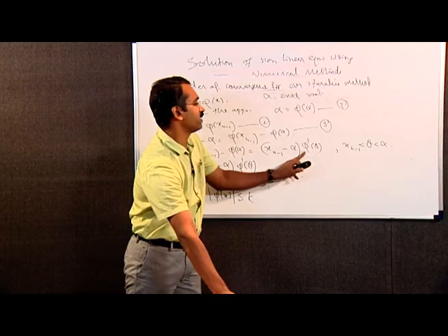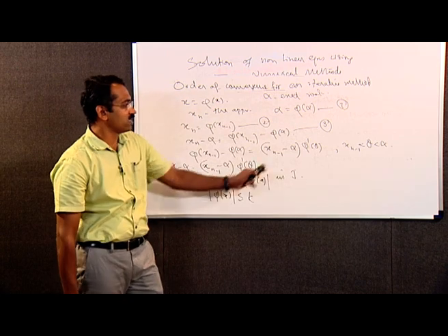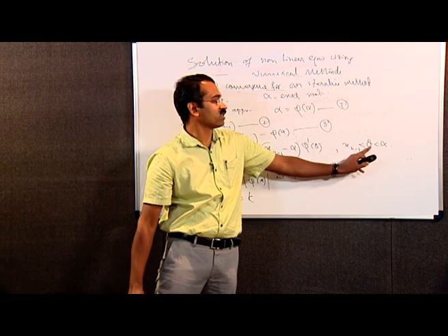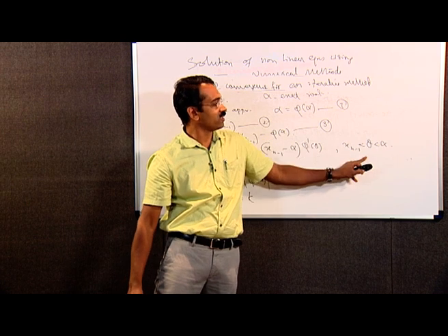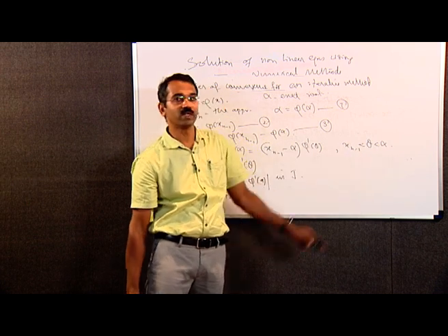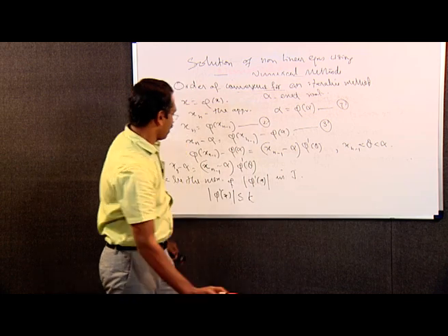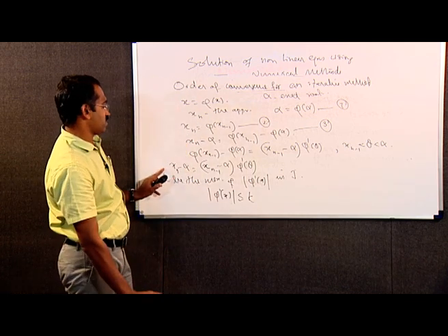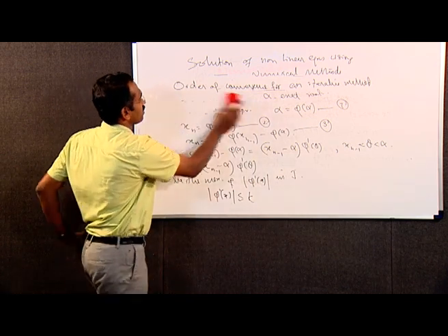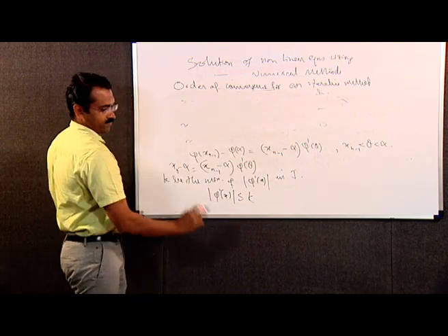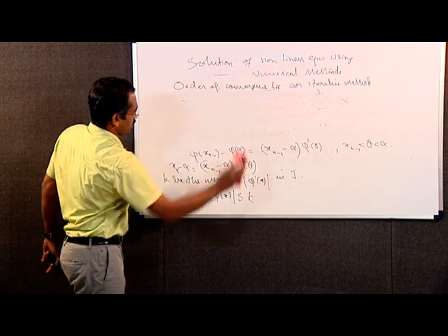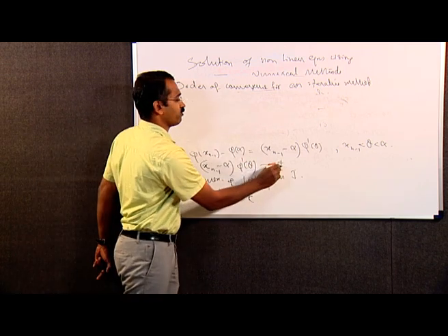Therefore, phi dash of theta, where theta is a number in between x n minus 1 and alpha, and x n minus 1 and alpha are the roots of the given equation. This is named as equation number 4.